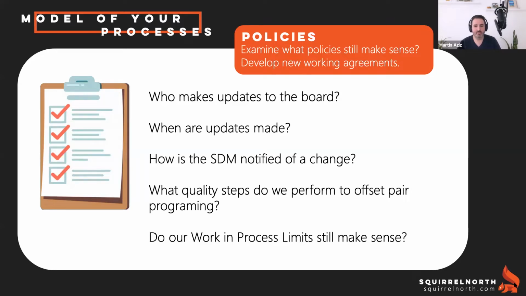Maybe you are still doing some sort of pair programming as a quality measure, but maybe not always, and maybe it's not always available. And so what are you offsetting? If you're thinking about transition policies from one step in your Kanban process to another, maybe you need to come up with some new rules to offset that. And then we also obviously talked about work and process limits earlier on.